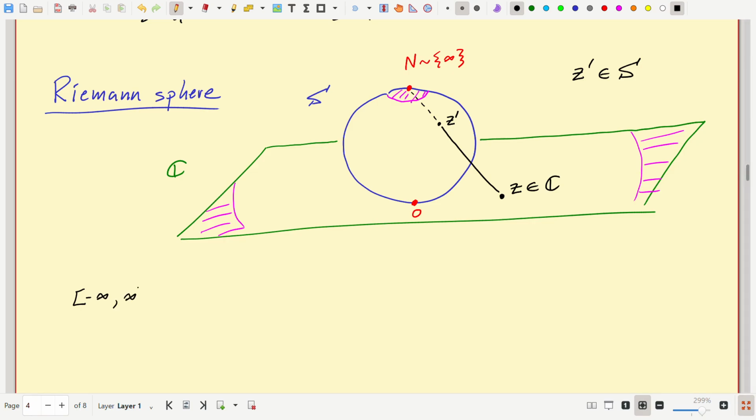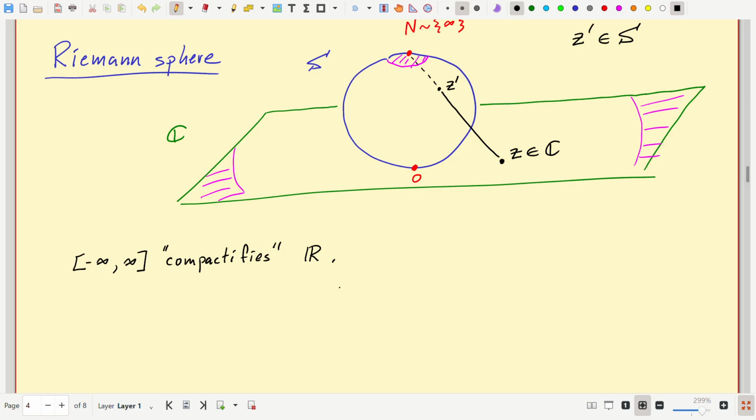So the language of math is that minus infinity to infinity compactifies the real line. It's a two-point compactification.